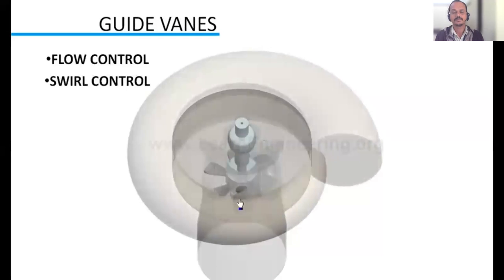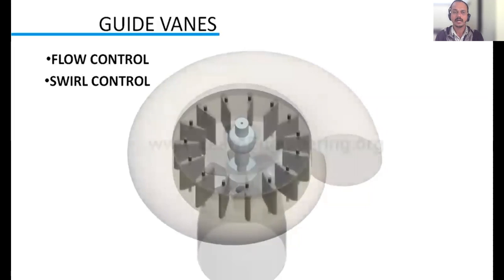Guide vanes are controlling the flow towards the turbine. Previously it worked manually, but nowadays these guide vanes are automatic. They move automatically.